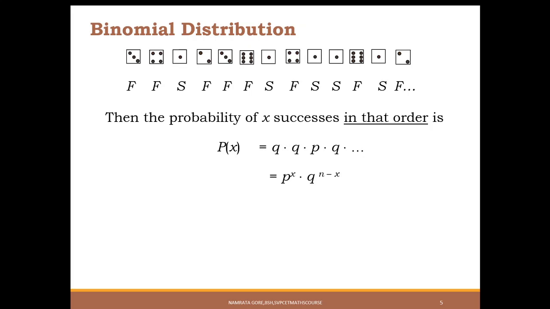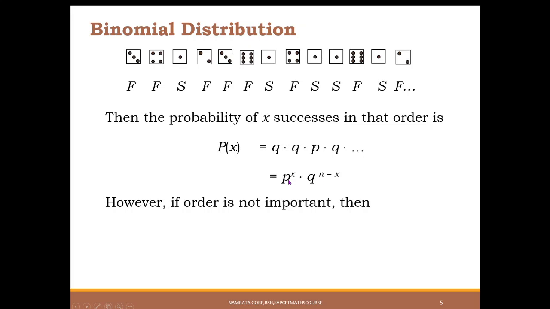But it is not necessary that we will get the same results rolling a die and in the same order also. So then what we will have is different patterns of the results. And when order is not important, these patterns can be described by combinations.